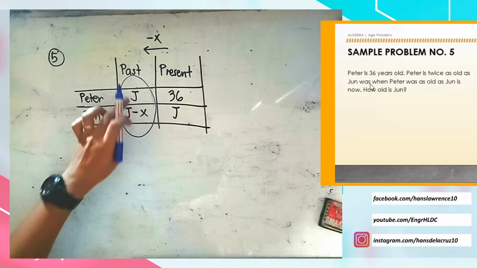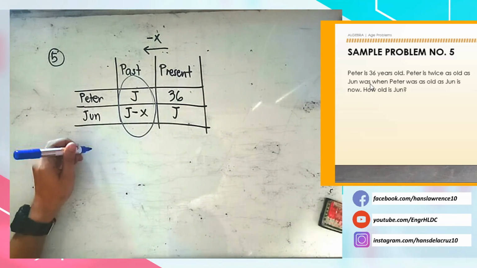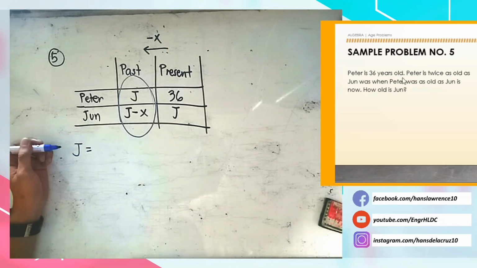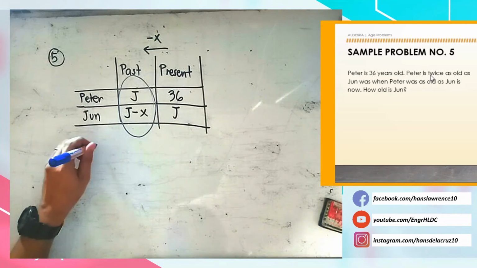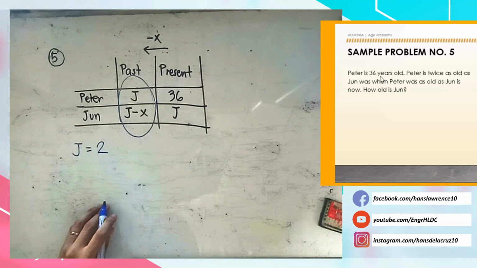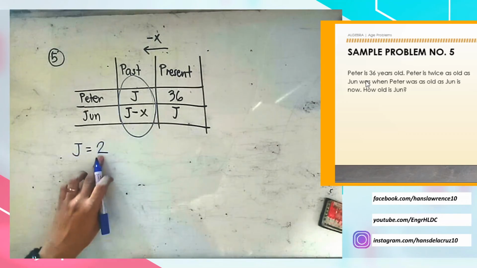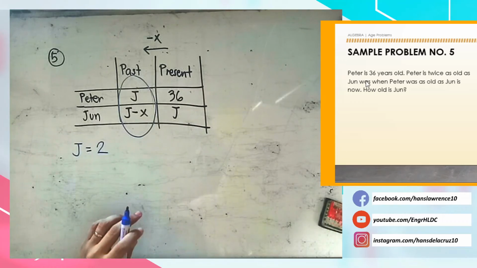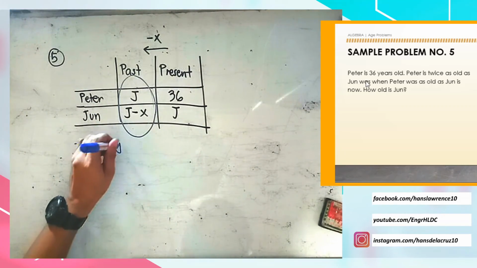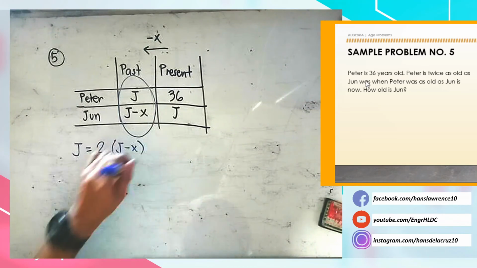So, si Peter daw, which is J years old, equal daw siya saan? Is twice. So, doble daw nung age ni June at that time. So, yung age ni June at that time is J minus X.